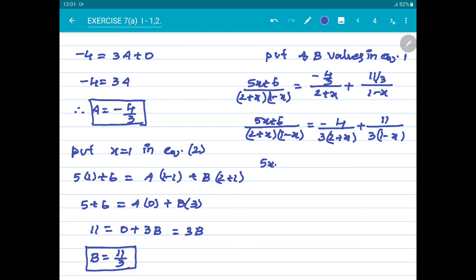So the final step is (5x + 6)/((2 + x)(1 - x)) = 11/3 times 1/(1 - x) minus 4/3 times 1/(2 + x). This is the final step. Okay, thank you.